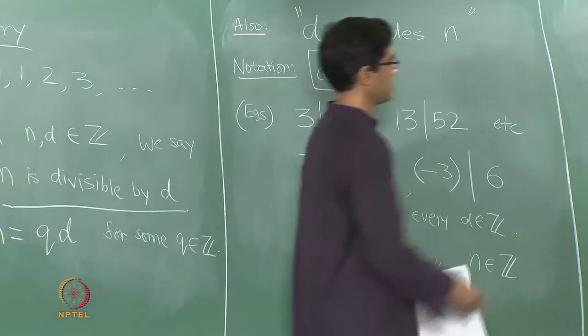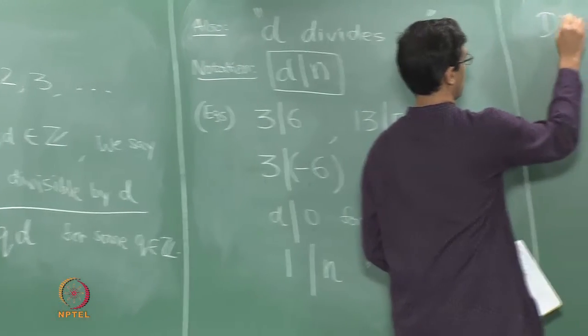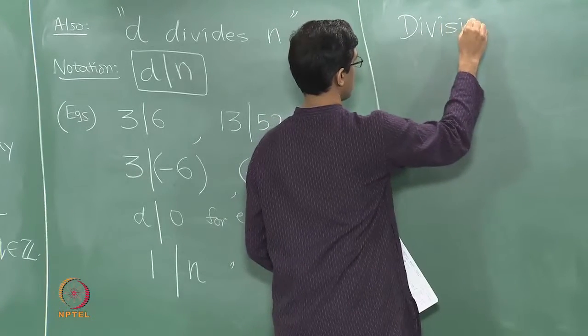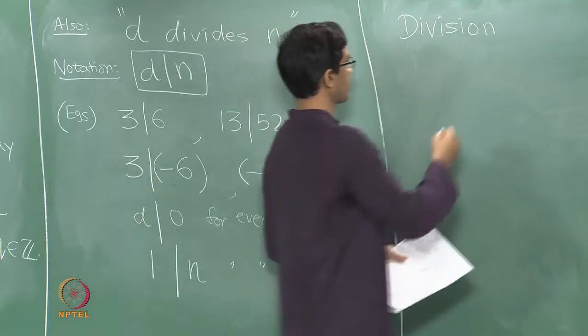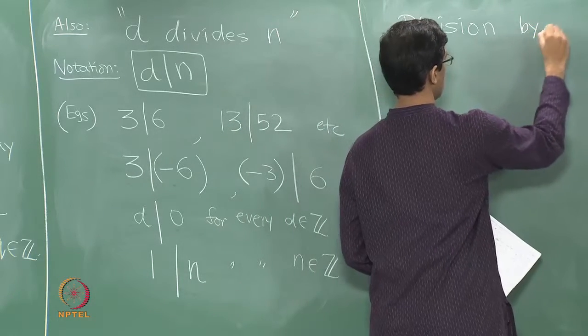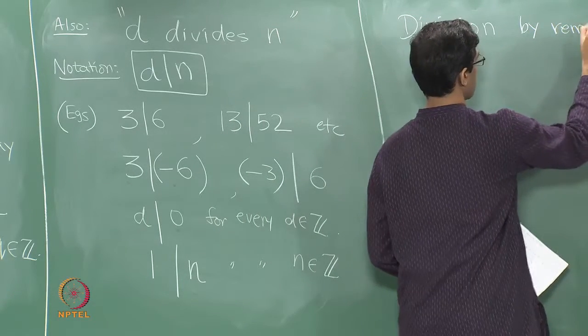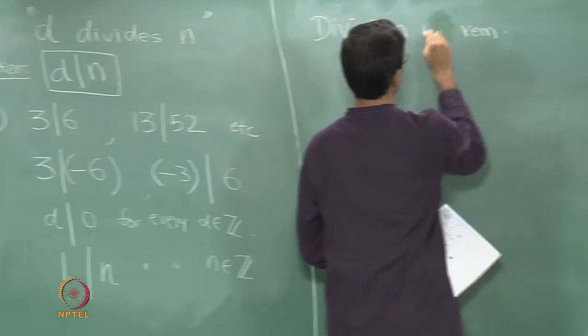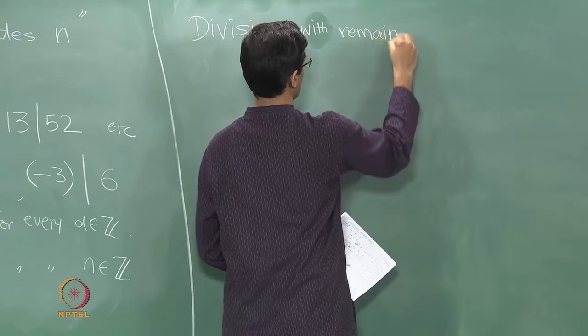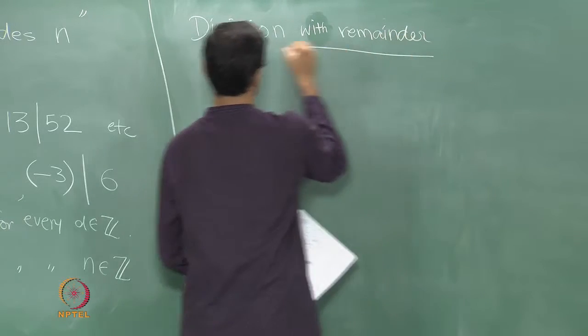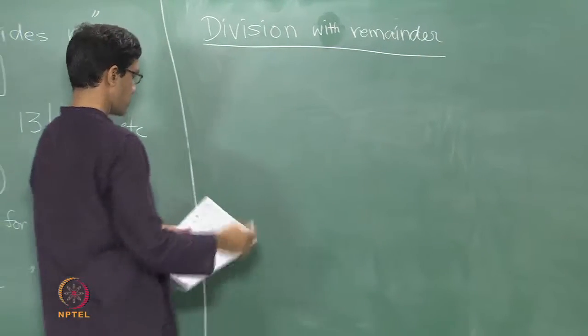Now of course we do not always have divisibility, meaning every number does not divide every other number. So a useful thing to keep in mind is the notion of division with remainder. What does this mean?